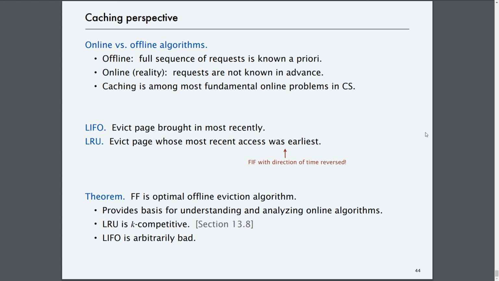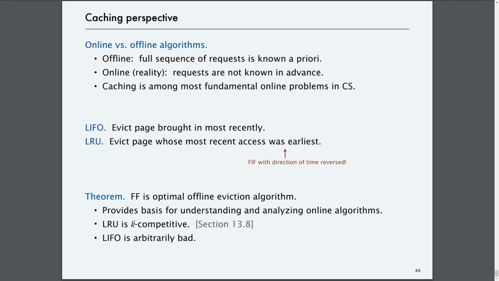Online would use LRU. Yeah. So this here, this K competitive thing here, is a value that's used to say how it performs versus offline algorithms.